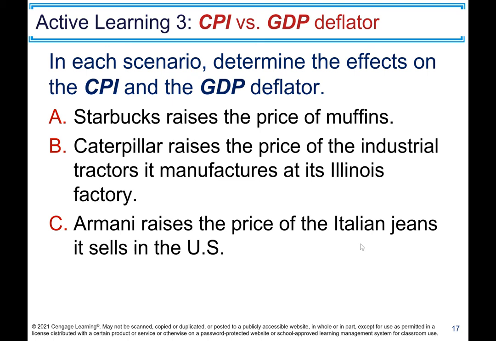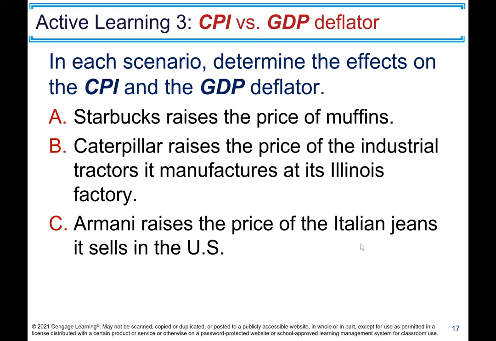Active learning 3, CPI versus GDP deflator. In each scenario, determine the effects on the CPI and the GDP deflator. A: Starbucks raises the price of muffins. That will affect the CPI, but does not affect the GDP deflator. B: Caterpillar raises the price of the industrial tractors it manufactures in Illinois.